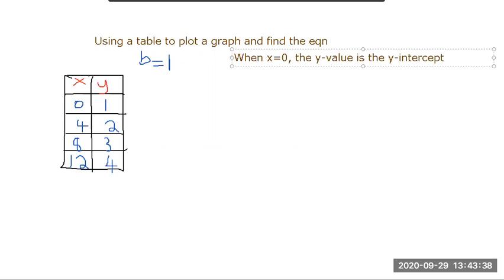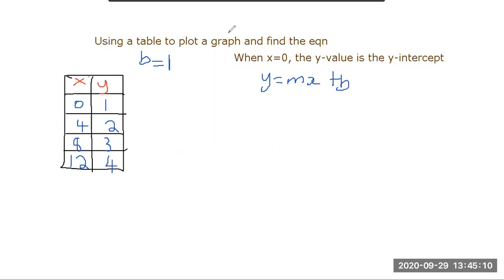How about you go ahead and write the equation of the line for this table right here, because we just did the y-intercept. Okay, so we're trying to find y equals mx plus b.